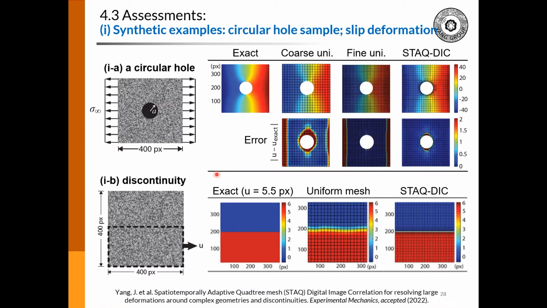So you're getting these smaller and smaller subsets to deal with these odd shapes, right? Really important. But with biological samples, a lot of times we don't have a lot of control over the size of our speckle features.